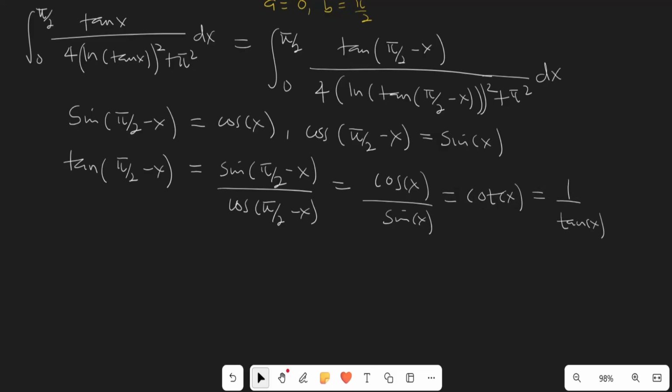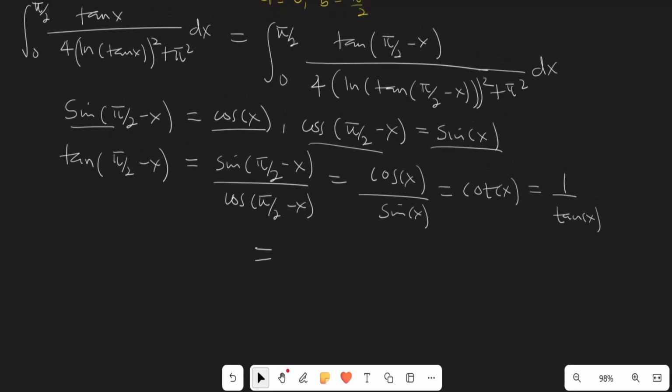So this one is cosine of x and this is sine of x, and you just plug them in, then you get 1 over tan x as tan of pi over 2 minus x. So wherever we see tan of pi over 2 minus x, we can plug in 1 over tan x.